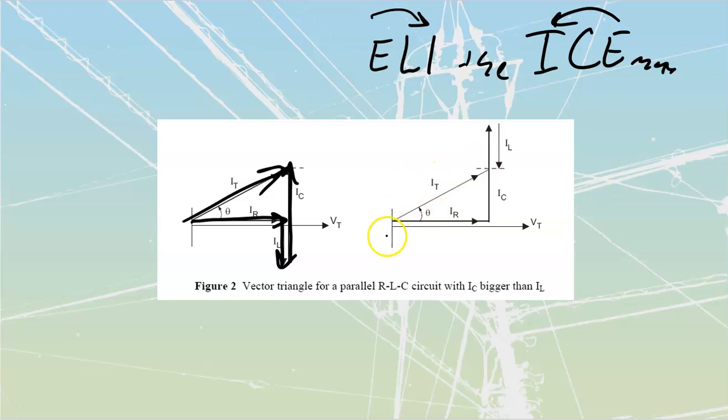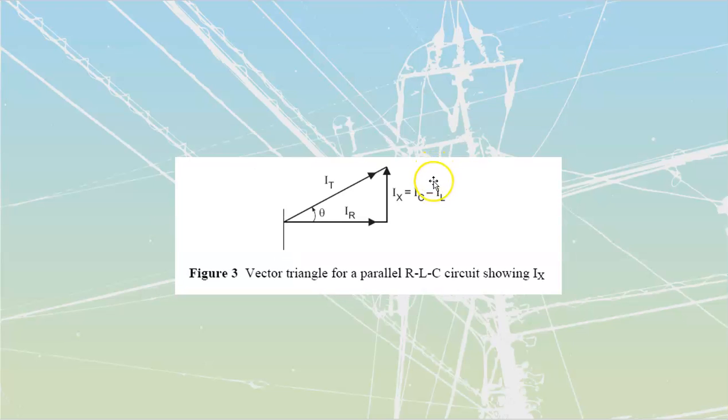You could also add through it in the opposite direction, go IR, then go up to your IC, and then come down from your IC onto your IL, but you still end up at the same net vector. In other words, if I've got a larger IC, my net amount of current is going to be up top here, and my triangle is going to be up top for that capacitive type of circuit.